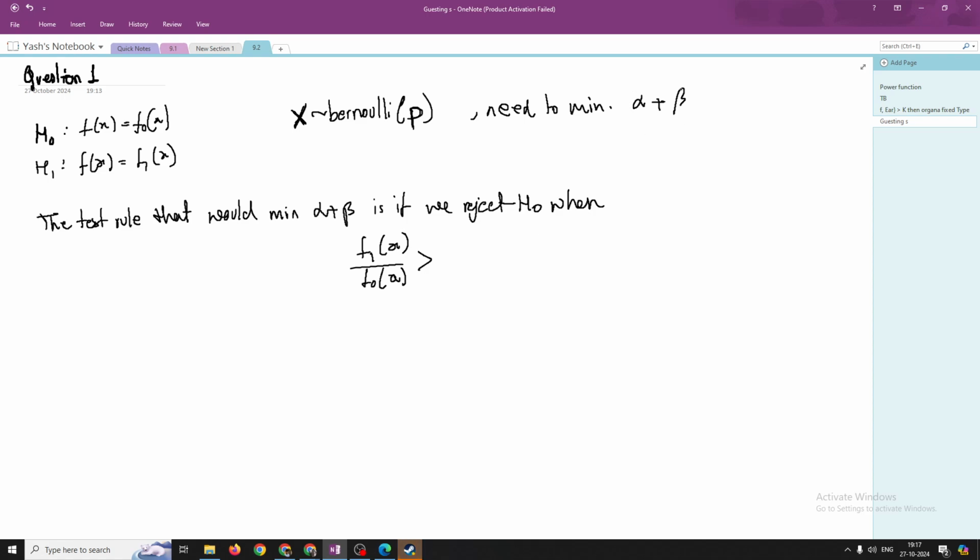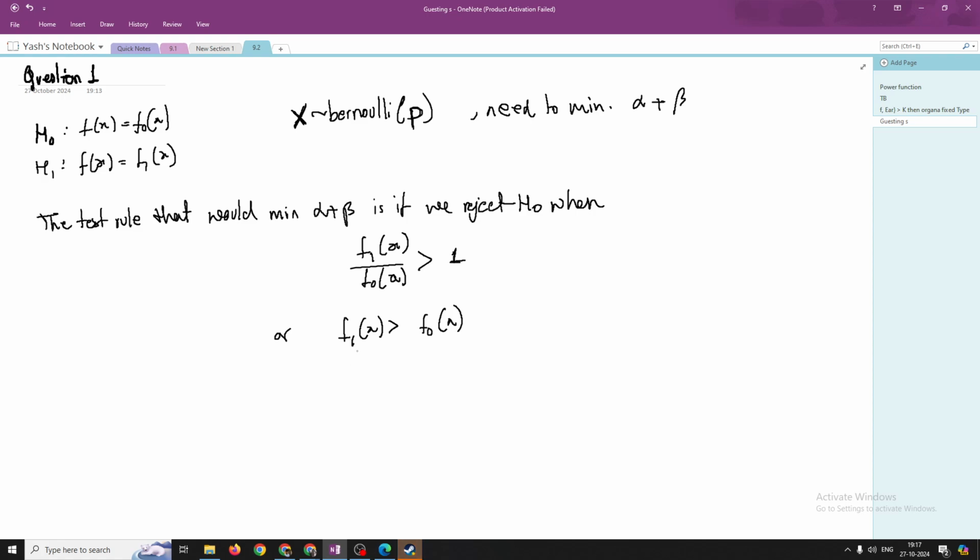Here a is 1, b is also 1, so it should be greater than 1, or f1 of x is greater than f naught of x, right?